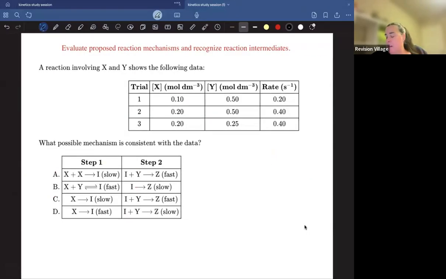So I tried to find a fun multiple choice question that would put these two ideas together. It's going to ask you to figure out experimentally what the rate law is, and then based on that rate law, figure out which of these possible mechanisms is most likely.